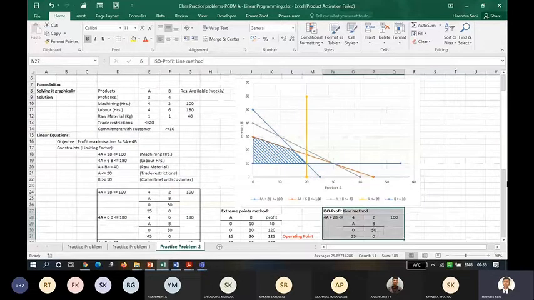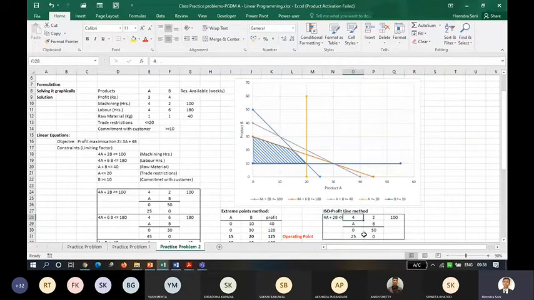Fine. Now I'm going to write my profit function here. So the profit function is 3a plus 4b. Here we will keep changing the values in this particular case, and we'll see how it works.